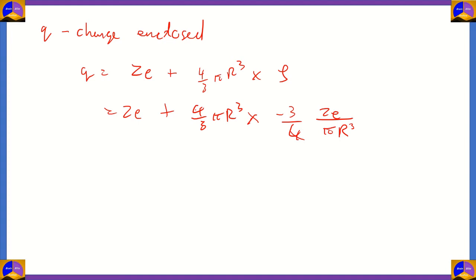So 4 gets cancelled, 3 gets cancelled, pi gets cancelled, and over here it's basically small r because you are dealing with small r, so don't write capital R there. So you get the charge as Ze minus Ze times small r cubed divided by capital R cubed.